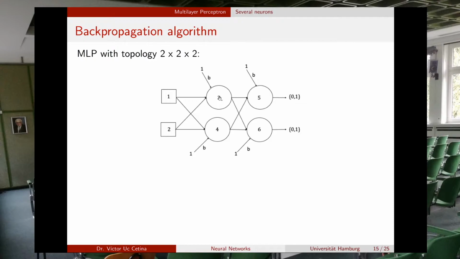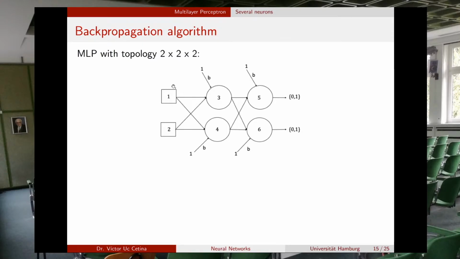So the idea here is to have many layers of these neurons, okay, and the design of the network is also called topology.